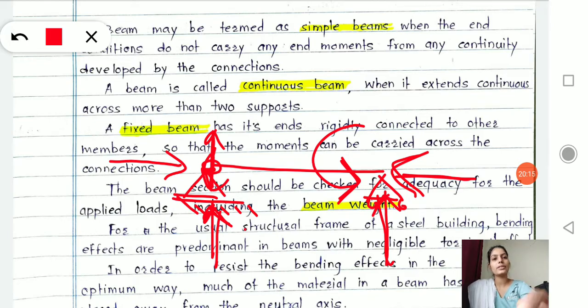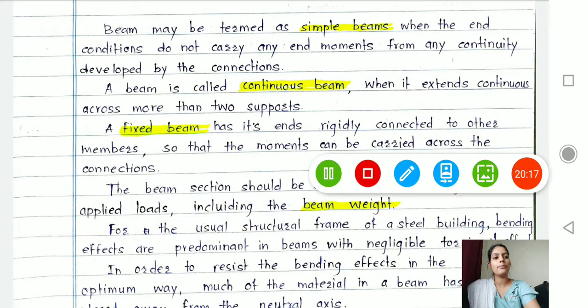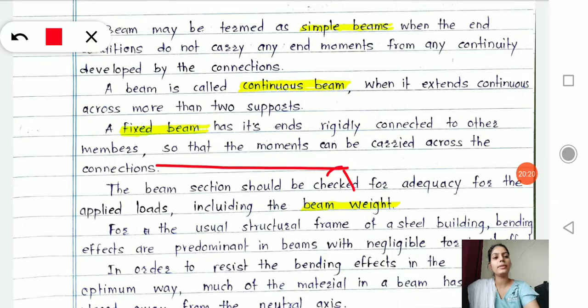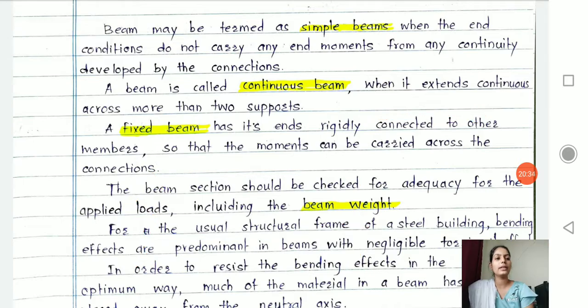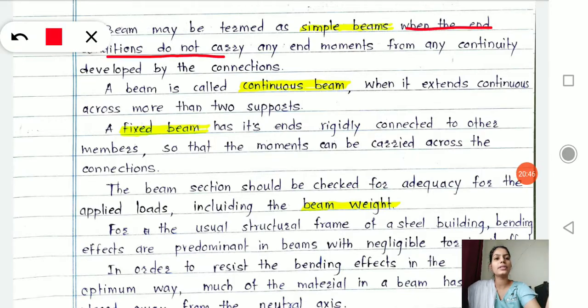Similarly, different end conditions are provided for beams. In one, we have seen the roller and hinge condition. Then there is the fixed end, where both ends are fixed. On that basis, our beams are classified. See here, a simple beam is one whose end conditions do not carry any end moments.